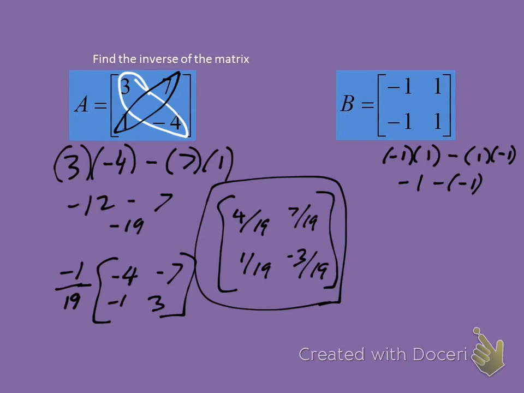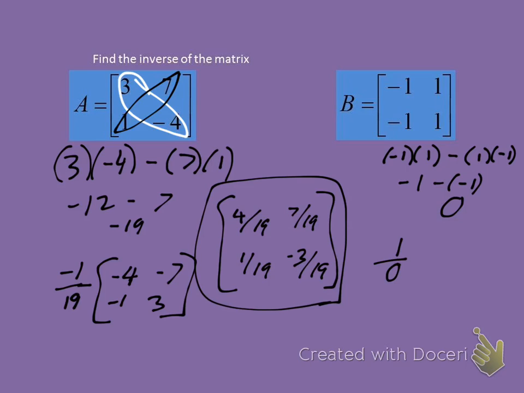You said it's 0. No, I'm talking about right here. Yeah, -1 minus -1 is 0. So that's 0. We put that under 1. And then we put what?